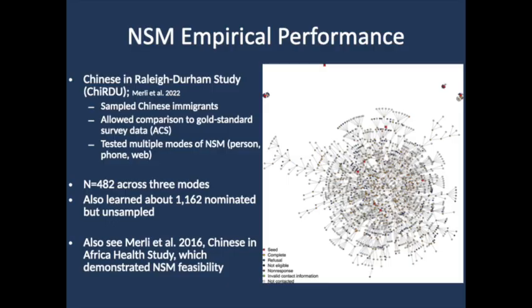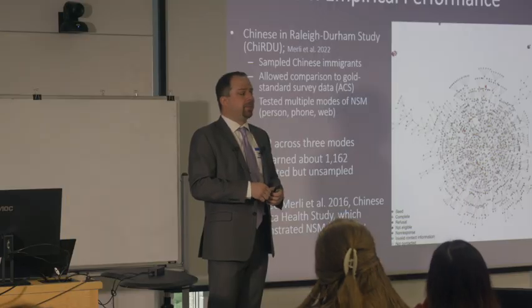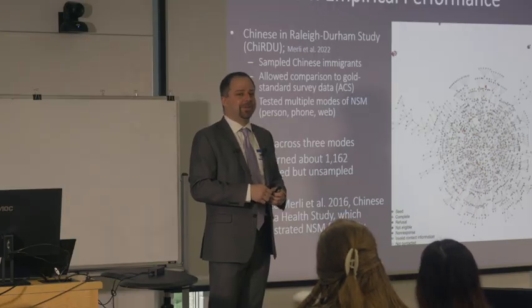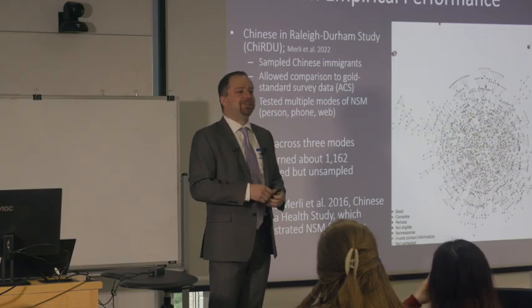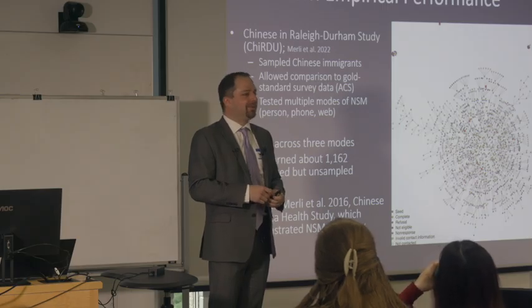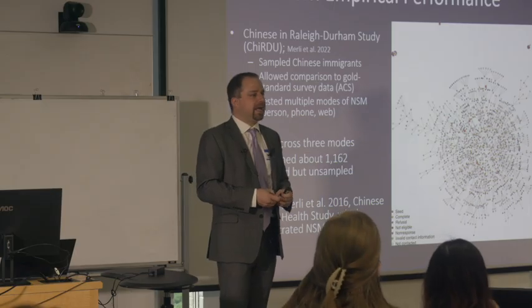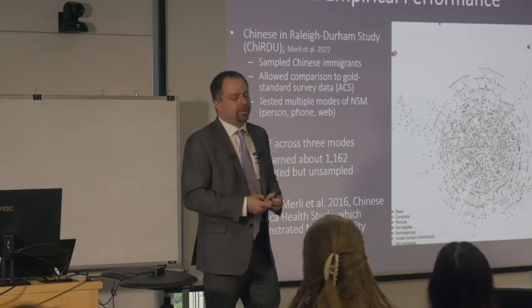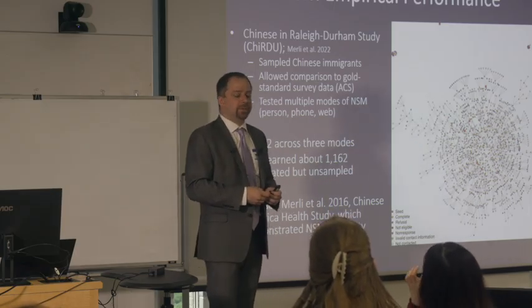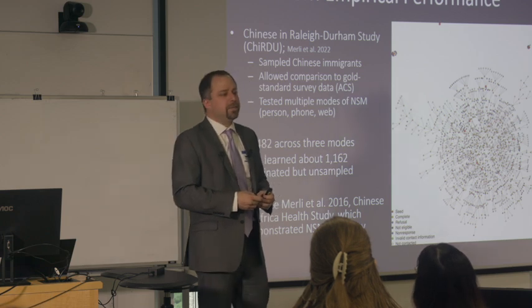So that's what Ted and I had done on the mathematical aspects of this, but then Giovanna came in, and with her expertise in survey data collection and the practicalities of methods rather than just messing around on computers, she was able to solve a lot of the implementation challenges that we hadn't really anticipated, and designed a really great survey funded with an R21 for Chinese immigrants in the Raleigh, North Carolina area.